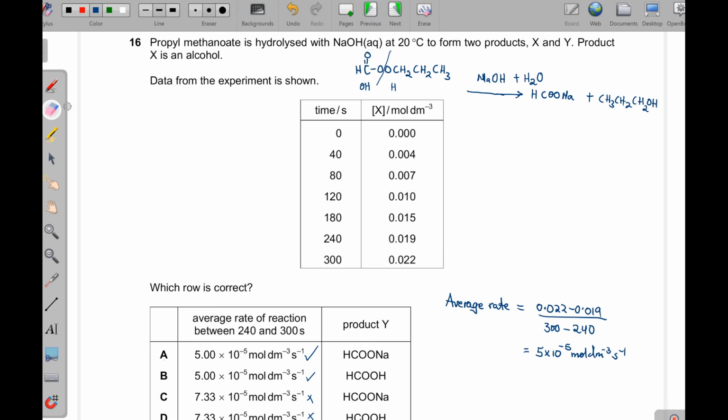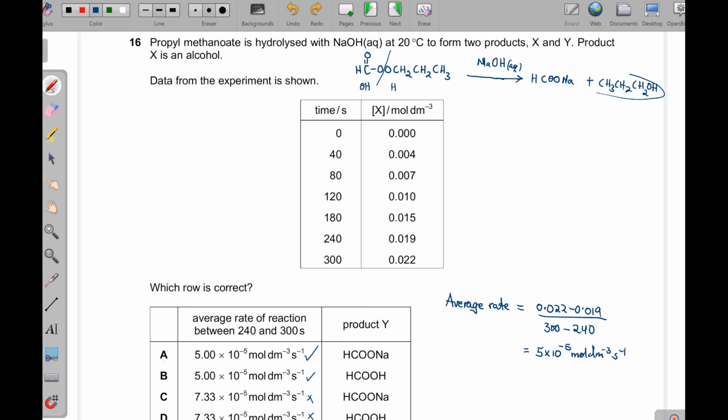In fact, we can do something like this. We say aqueous sodium hydroxide, and we get this. So we get a salt instead of the acid. If we had used the dilute acid, we would get the acid here, the methanoic acid, plus the alcohol.